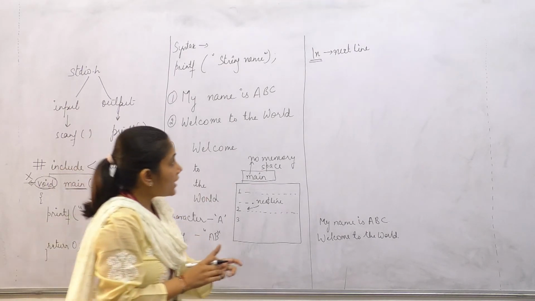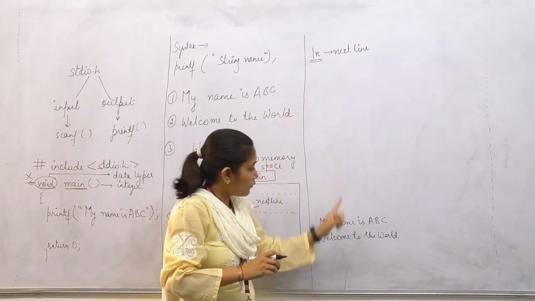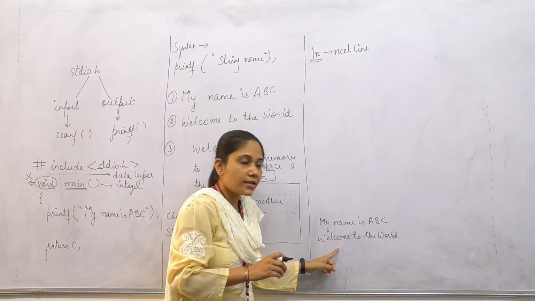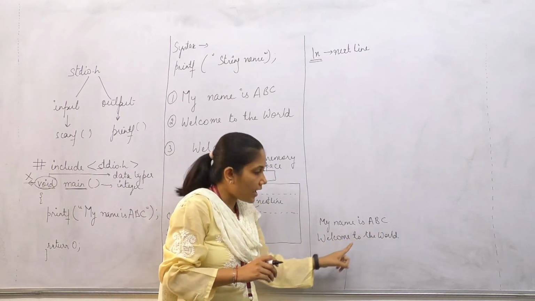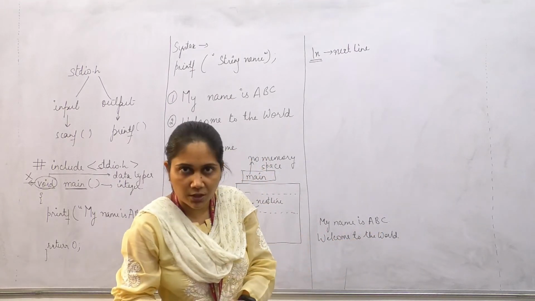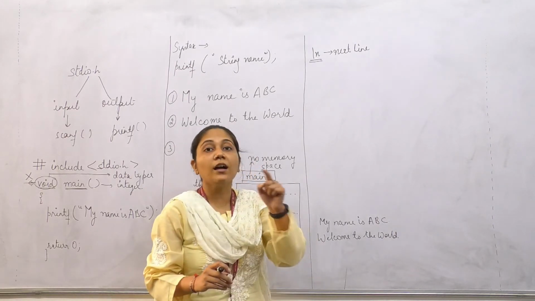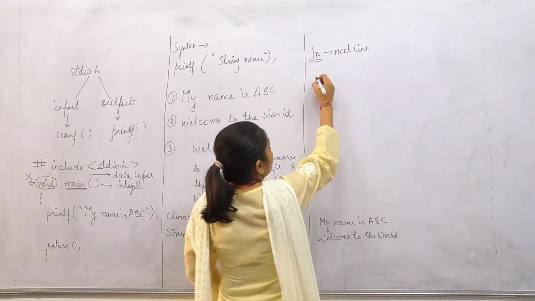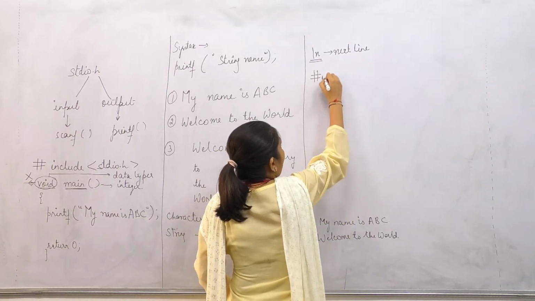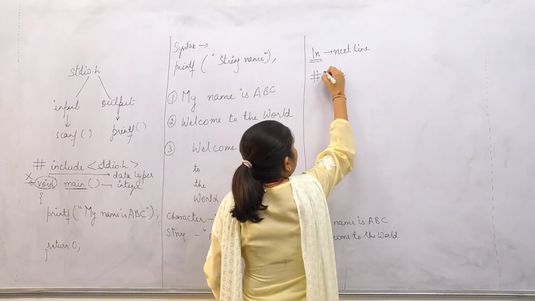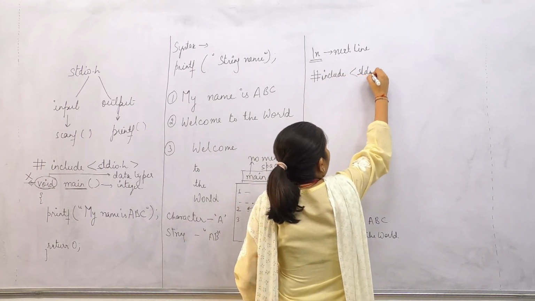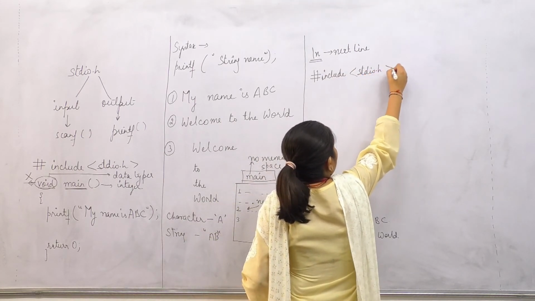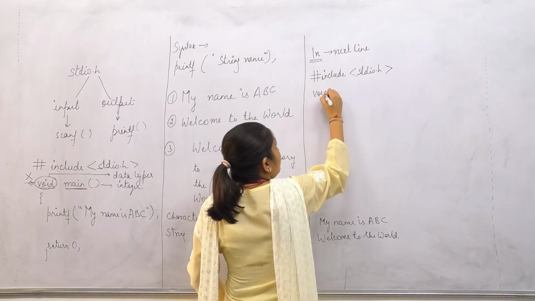So if I want these statements in two lines, the first statement will be like this, and then I have to provide a compiler instruction that the next statement should be on the next line. How are we going to write it? Suppose I am writing the same program: hash include stdio.h, void main.